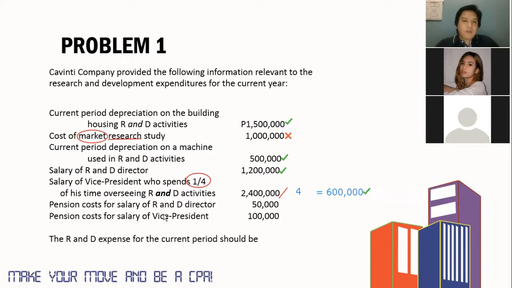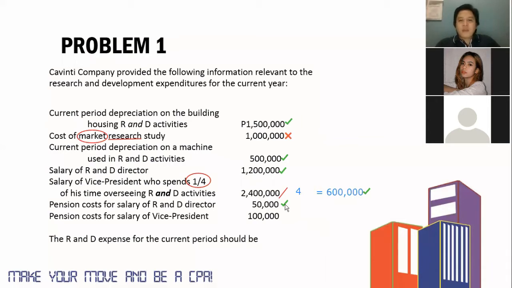Okay. How about the pension cost for salary of R&D director and the vice president? What do we do with that? Okay. The salary R&D we also include. How about the pension cost for salary of vice president?